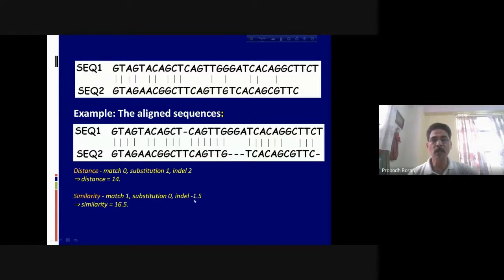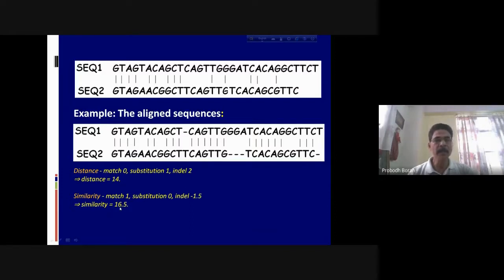Only insertion deletion will count. 5 insertion deletions are there. Each insertion deletion score is minus 1.5. Therefore, total insertion deletion score will be minus 1.5 into 5 is equal to minus 7.5. So total similarity score will be therefore 24 minus 7.5 is equal to 16.5.